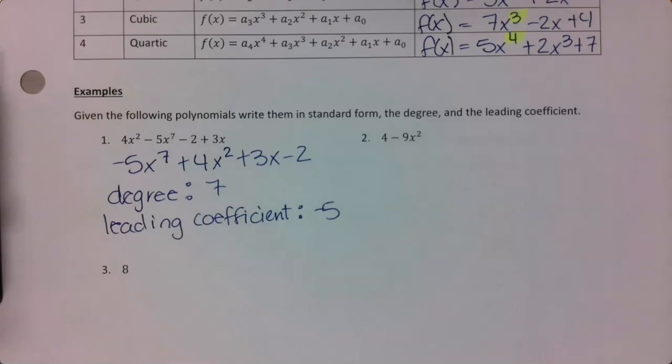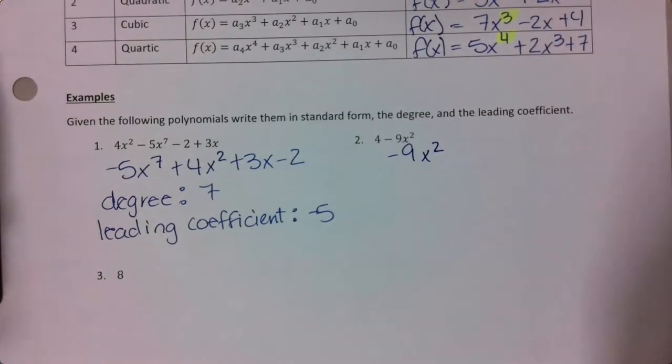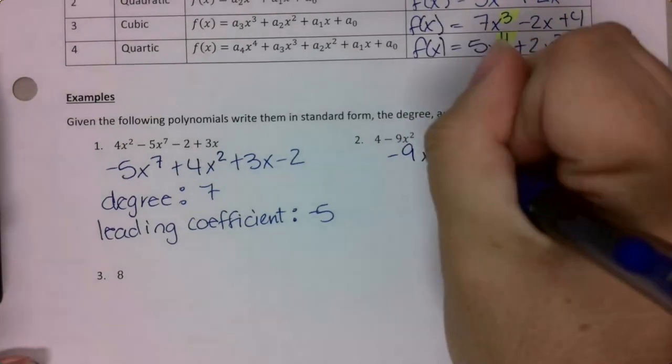Okay, so on number 2, what's my highest term? 2, so I'm going to write the negative 9x squared first. Then I just have the 4.